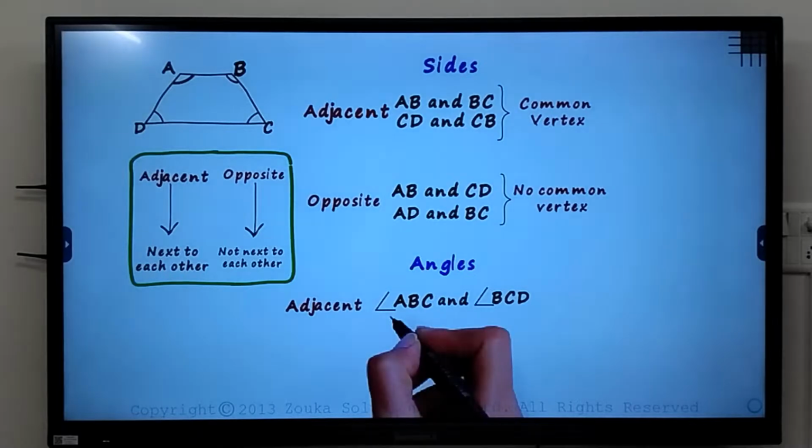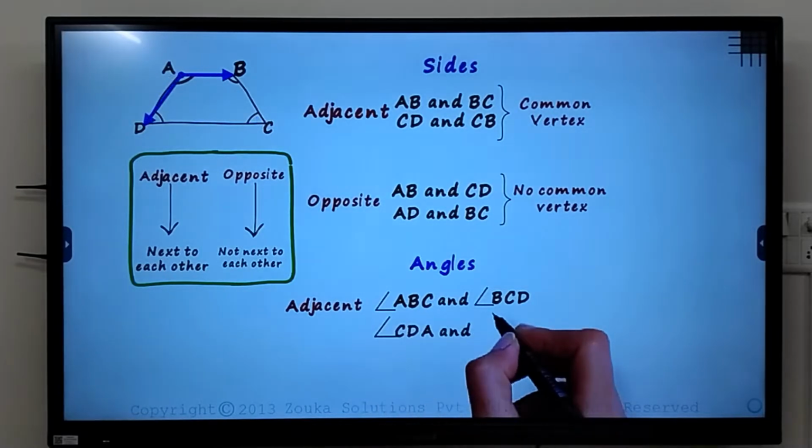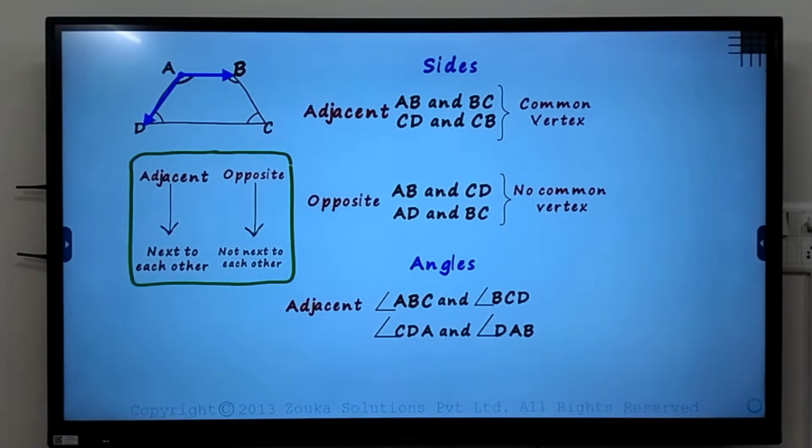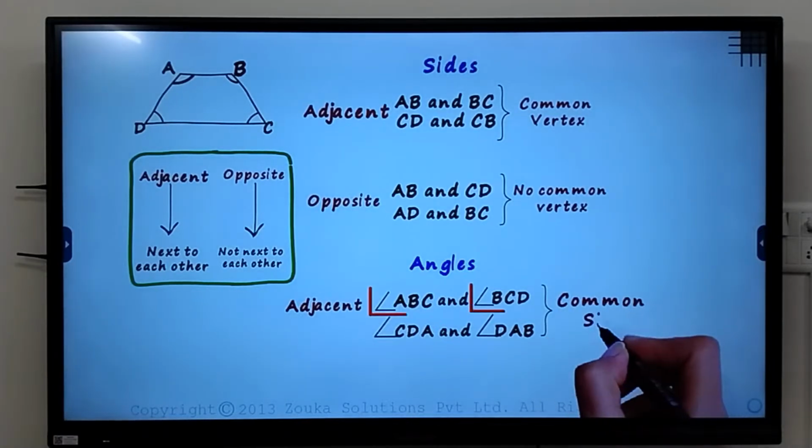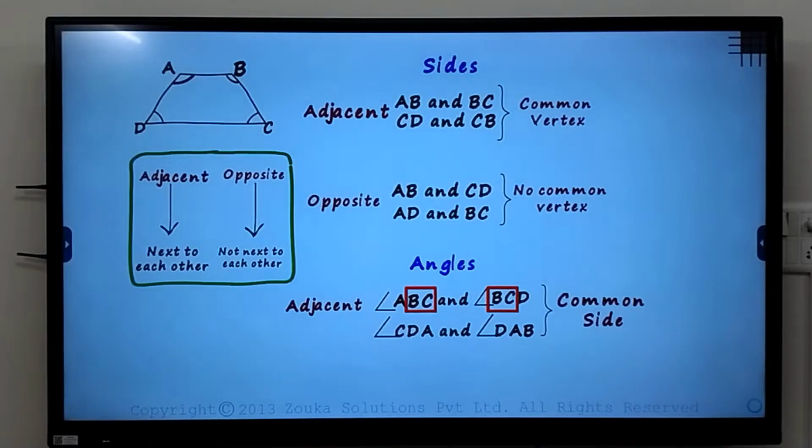We can say that angle CDA and angle DAB are also adjacent angles. This pair and this pair of angles are also adjacent. What do you notice about adjacent angles? Yes, they all share a common side. These two angles have BC as their common side, and these two angles have DA as their common side.